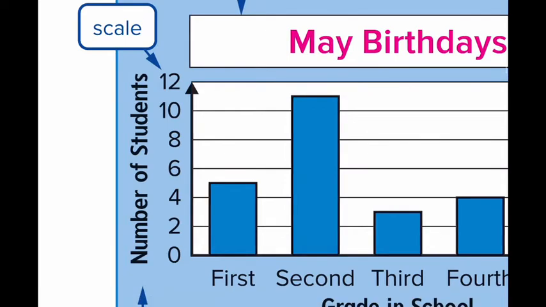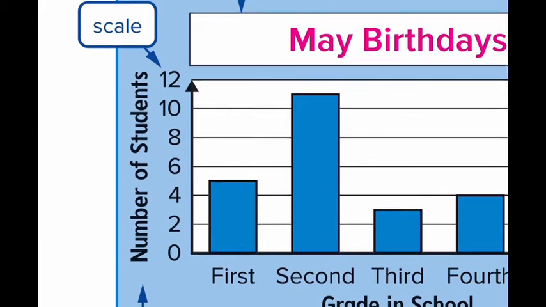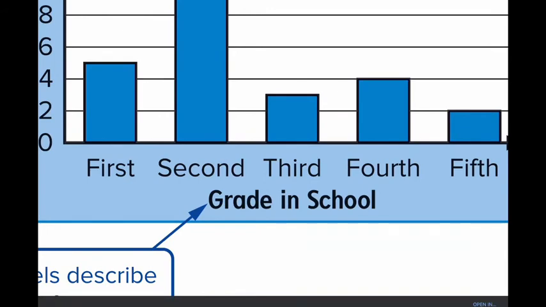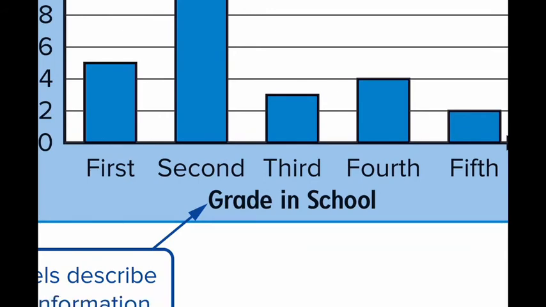We have the label beside it, which is the number of students. And down here we have grade in school. Each bar represents a specific grade. The first bar represents the first grade, then the second grade, third grade, fourth grade, and finally fifth grade. And we will label these as the grades in school.